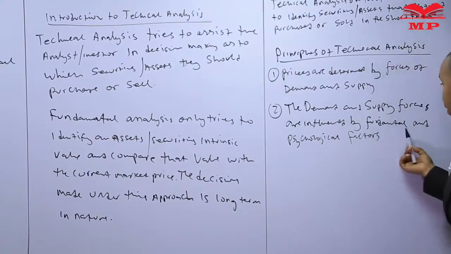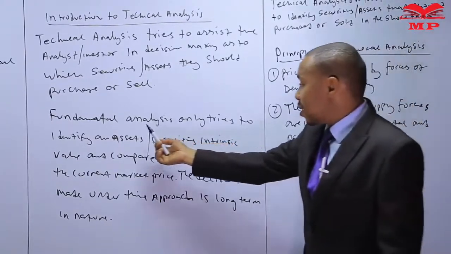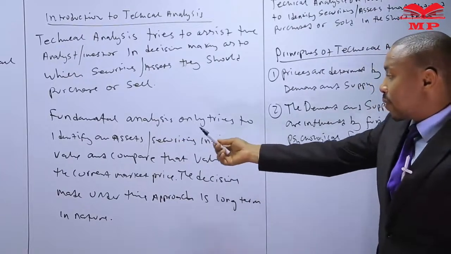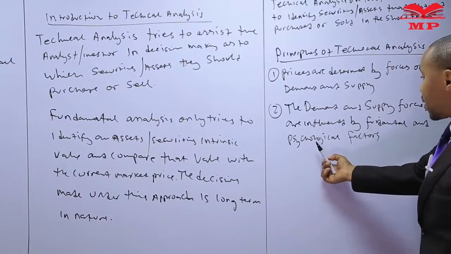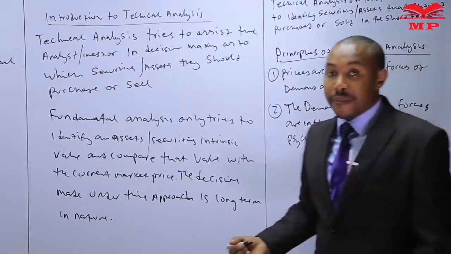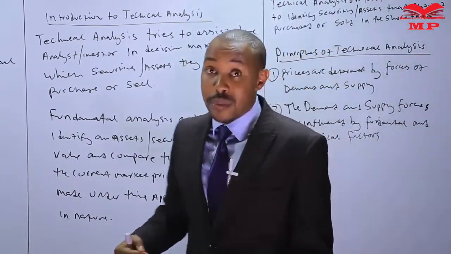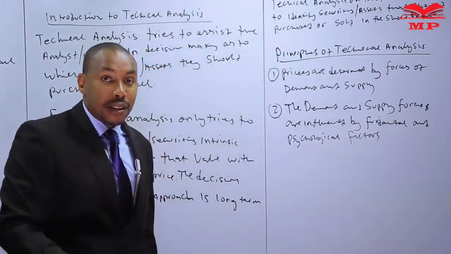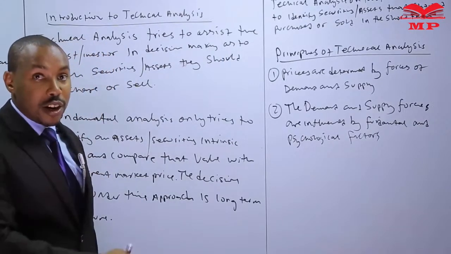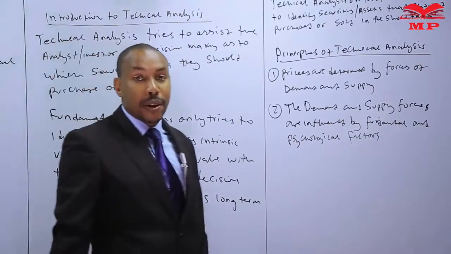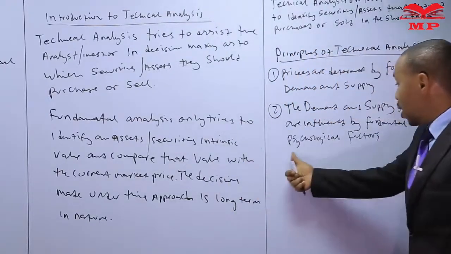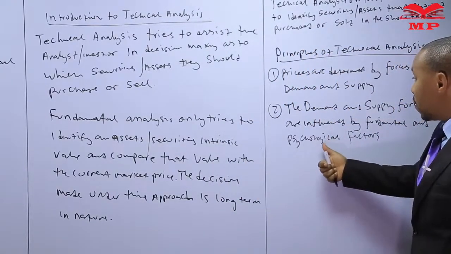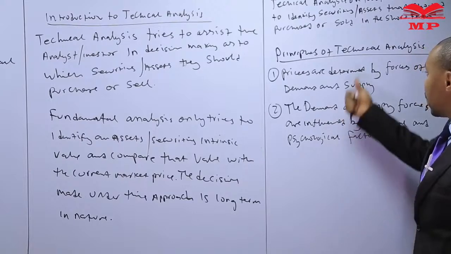I've already explained that fundamental analysis tries to identify an asset's intrinsic value. And psychological factors are the belief that any investor has for themselves, that I believe, for example, that KCB within the short run will be able to increase by say 50% or 70%. That is what we're saying are the individual factors that influence or support technical analysis.